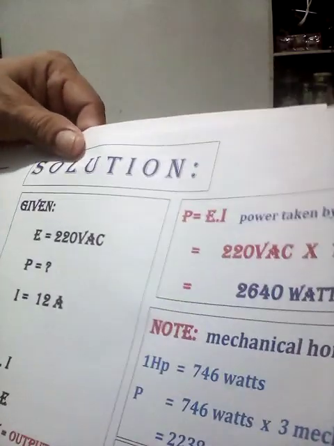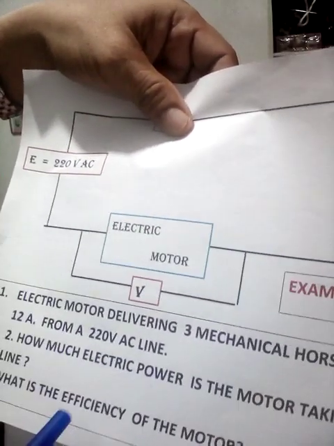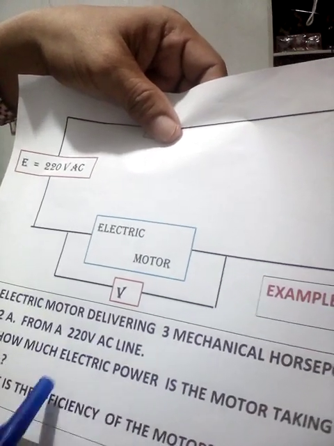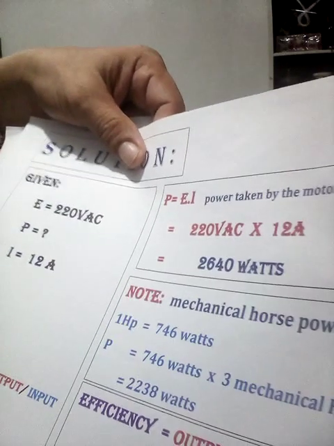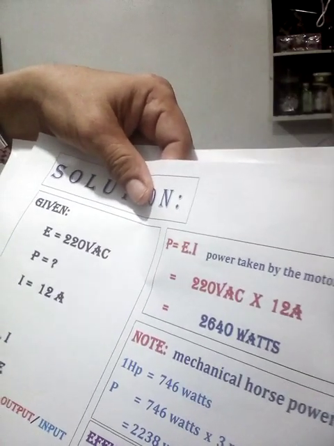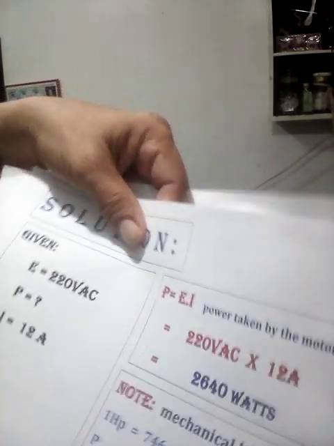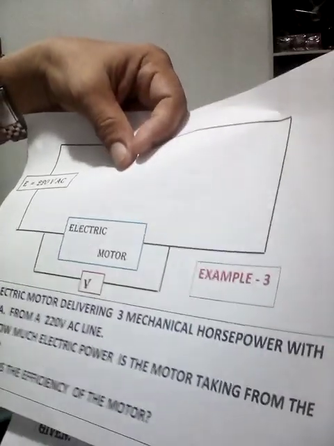Yan po yung answer natin. How much electric power is the motor taking from the line? Yung 2,238 watts na given po natin sa 3 mechanical horsepower, and 2,640 watts. So, yun yung answer po natin sa number 2 at sa number 1.